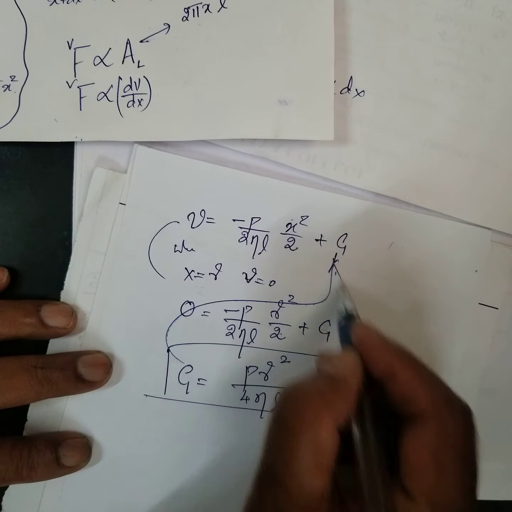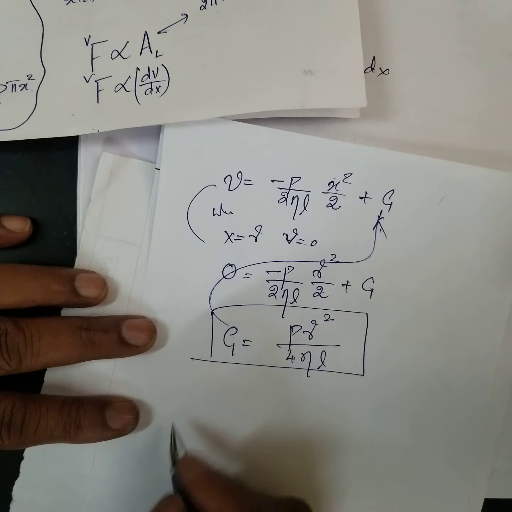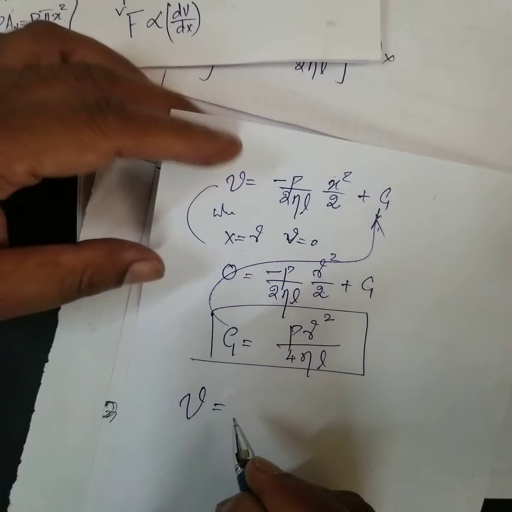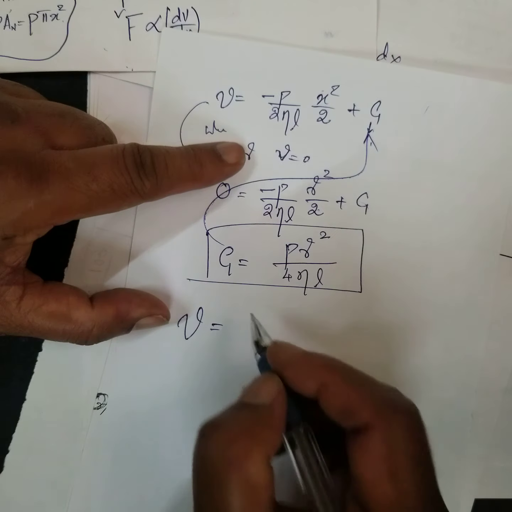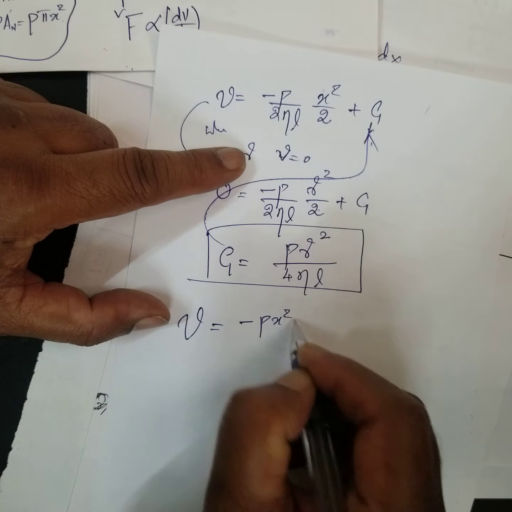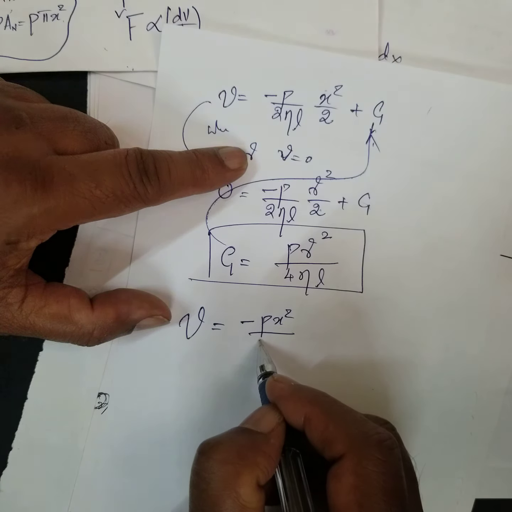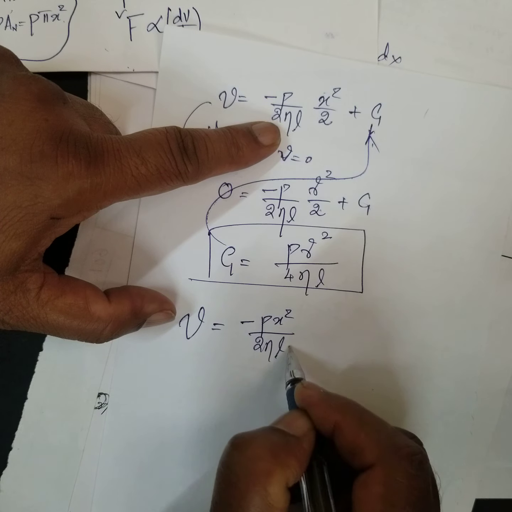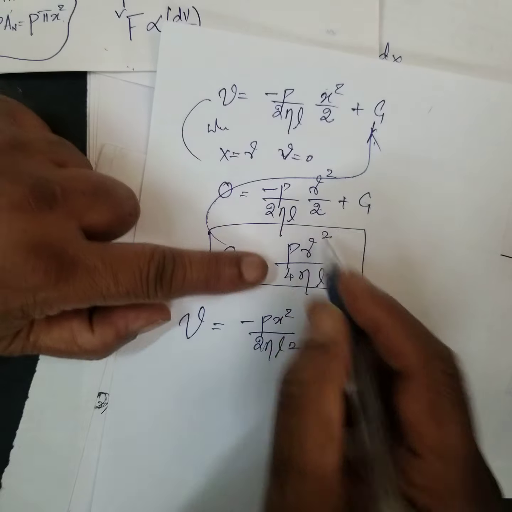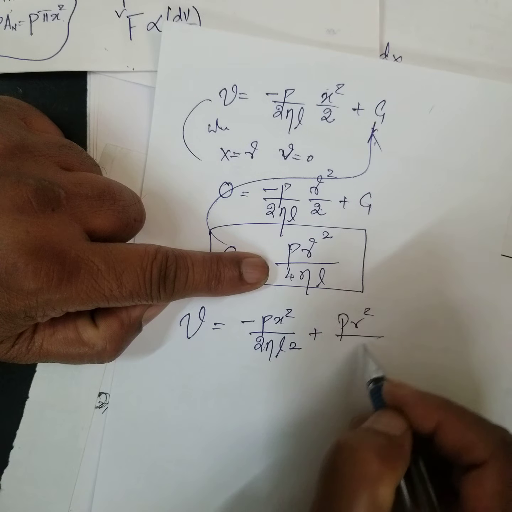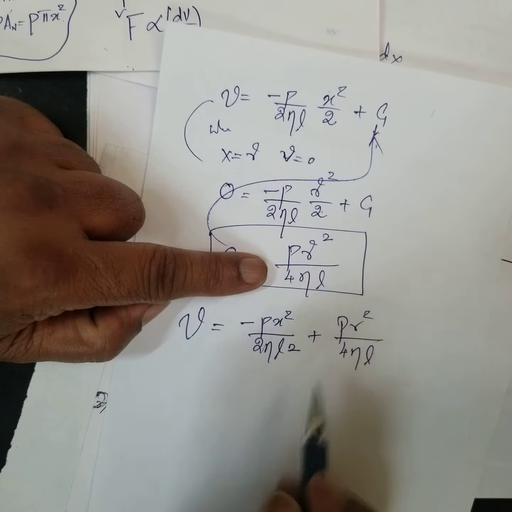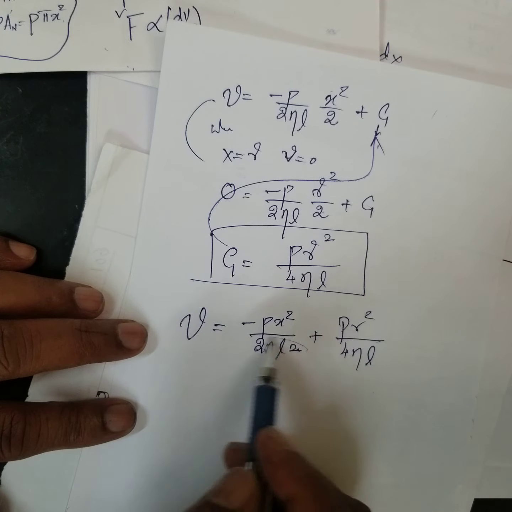Substitute this C1 here again. So the velocity at any layer is equal to minus P x square by 2 eta L times 2, plus C1, which is P r square by 4 eta L. See, 4 eta L is a constant.